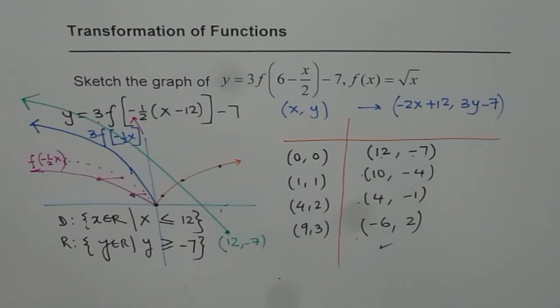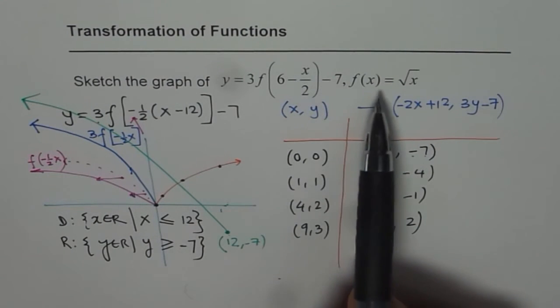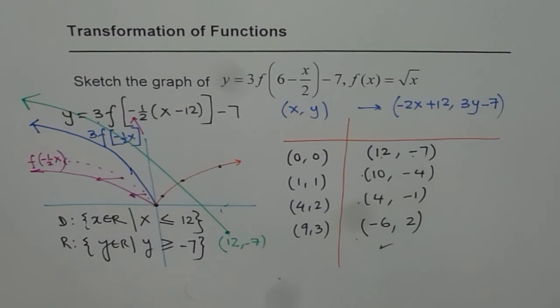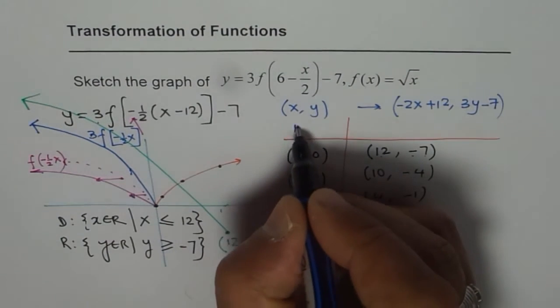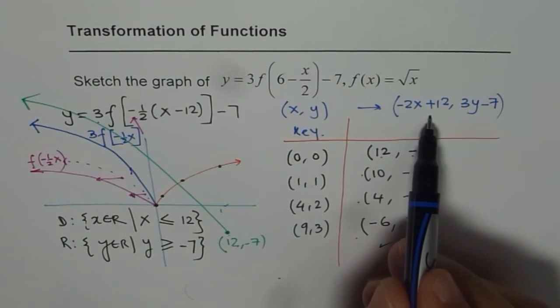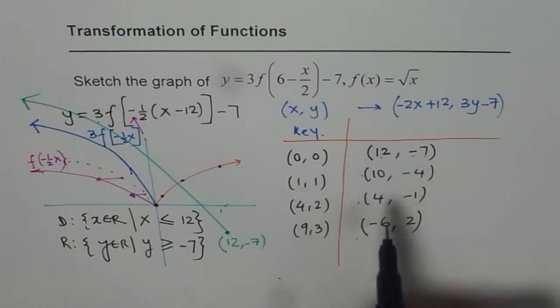I hope with this you should be in a position to sketch any function. I could have written here f of x equals x squared or 1 over x or anything. So the key things which you should know are, one, what are the key points to consider? What is the transformed equation from original to image?